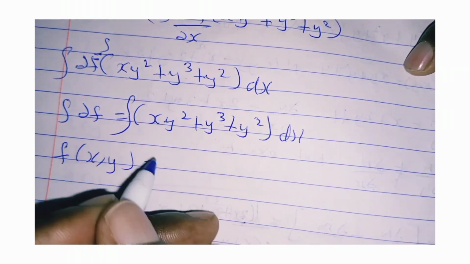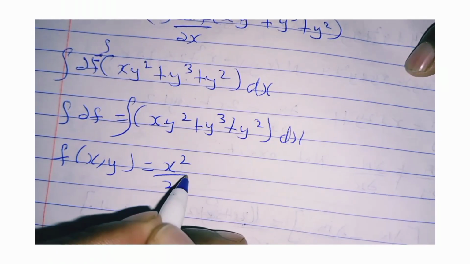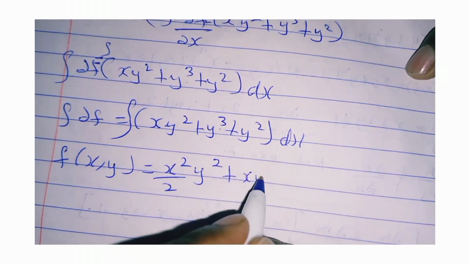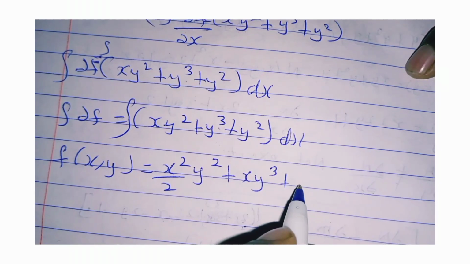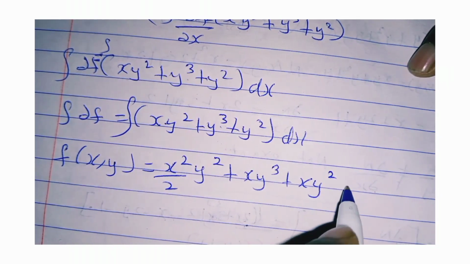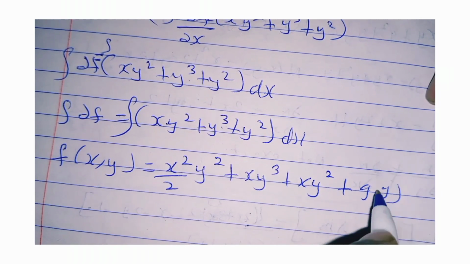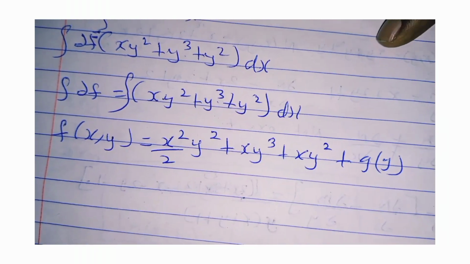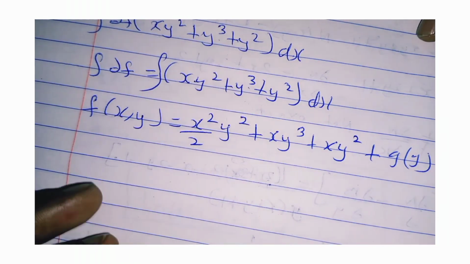When you integrate x, we will get x squared over 2 times y squared, plus x y cubed, plus x y squared, plus a function of y. So that is what you obtain after integrating that function.